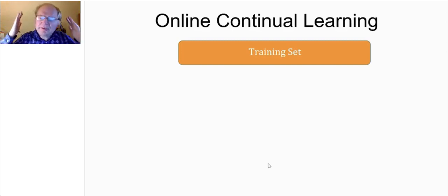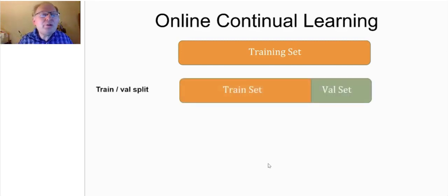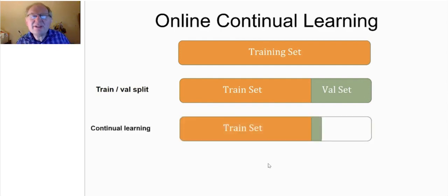So think about it like this: if you have a training set, we know that splitting it into a training set and a validation set improves performance, right? But imagine that we can push this further. You have some data that you have already seen, that's kind of your training set, and then you get a new piece of data. You can think of it as kind of your validation set.